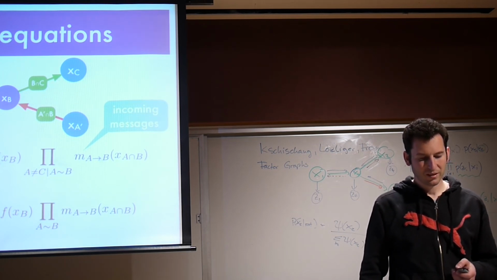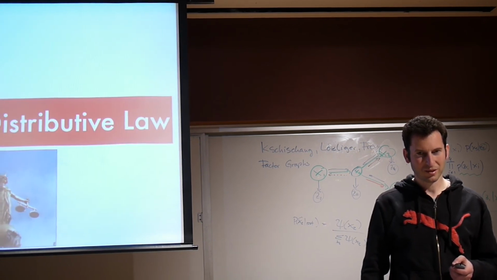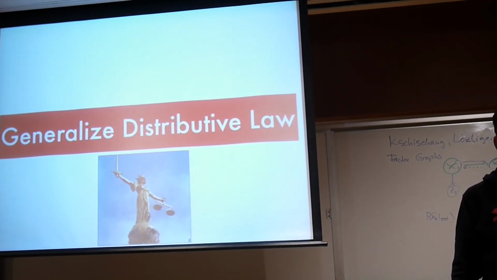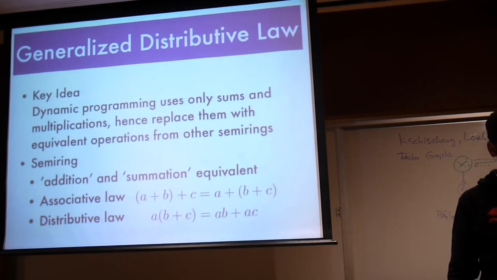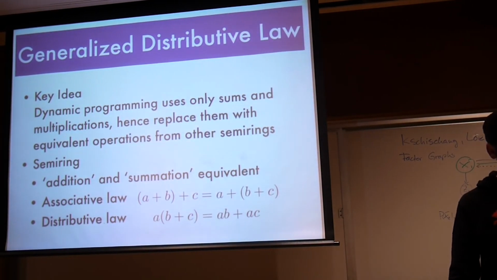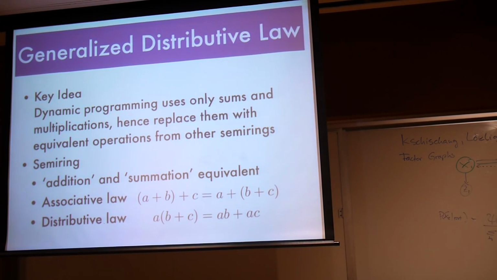Okay, now, here comes a typo. It's the generalized distributive law. And here's the key idea. So in dynamic programming, we really only used the fact that we had those sums and multiplications.